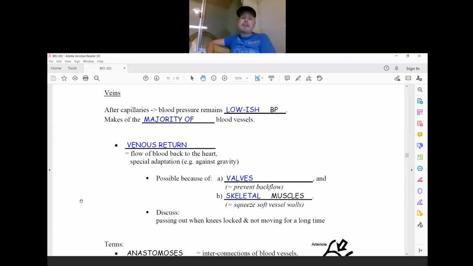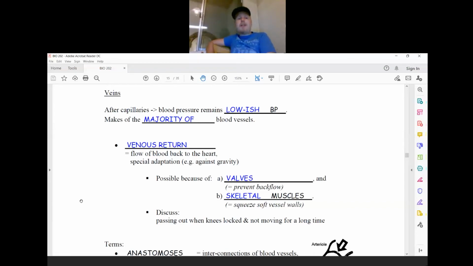So skeletal muscles end up squeezing our veins. And remember, veins had thin walls. And while the veins get squeezed, some of the blood gets pushed to the direction where we want the blood to go, and it doesn't get to come back because we have valves that control that the flow is going to be one directional, unidirectional.